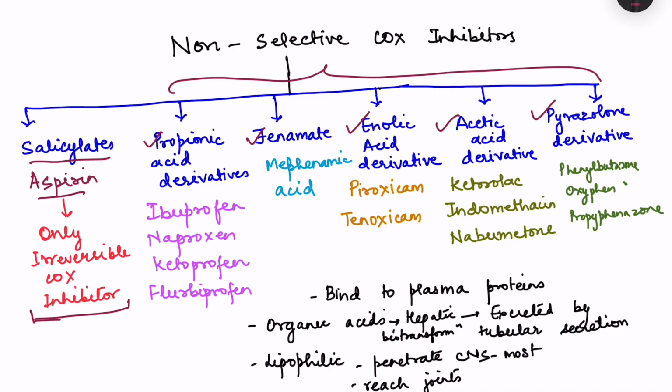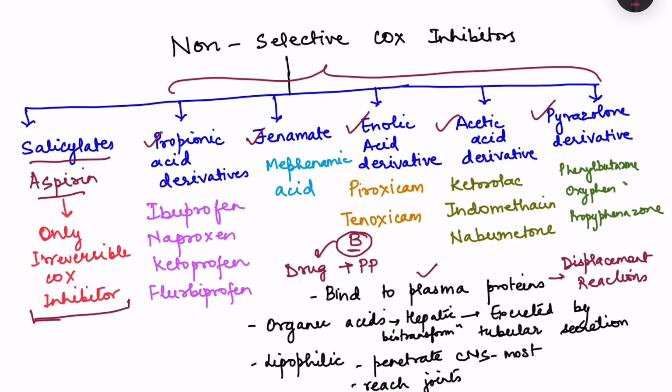So first remember that all the NSAIDs bind heavily to plasma proteins, and because of this we will see displacement reactions with other drugs. Displacement reactions, we have seen about them in our pharmacokinetics videos. Basically what happens if there is a drug which is already bound to the plasma protein, now you give another drug B which also can bind to plasma proteins.